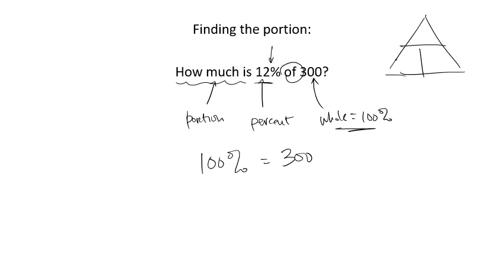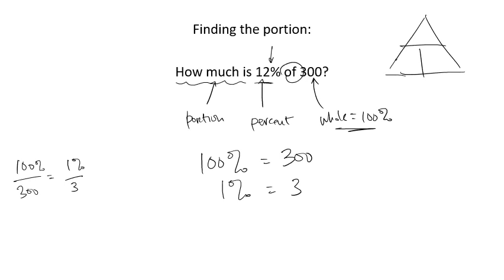So our 100% is 300. Now, because of this, we can also figure out that 1% would have to be 3. And so we can think of this, like I said, as equivalent fractions. And so we've got 100% is 300. So if we divide by 100, then we have 1% is 3.